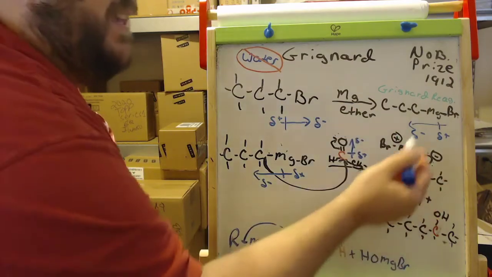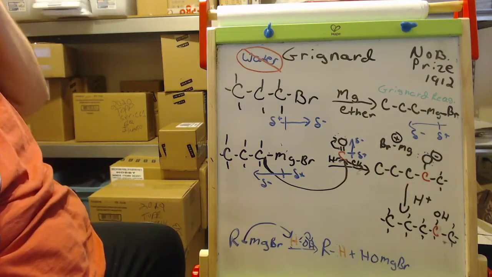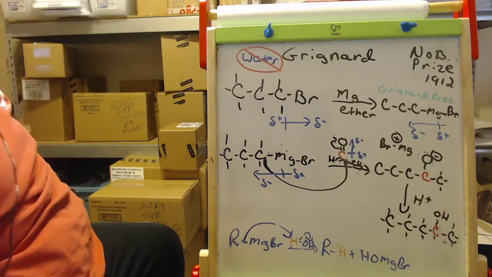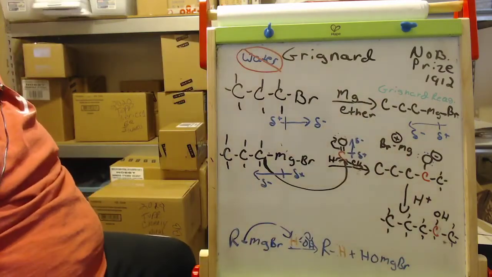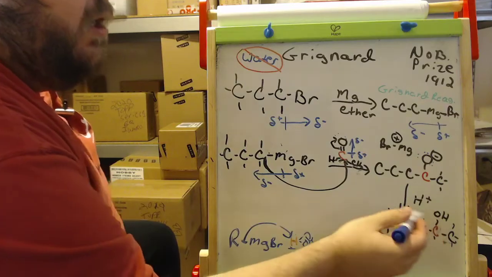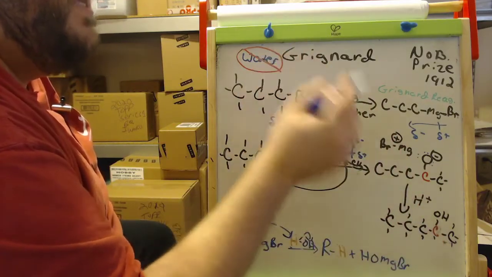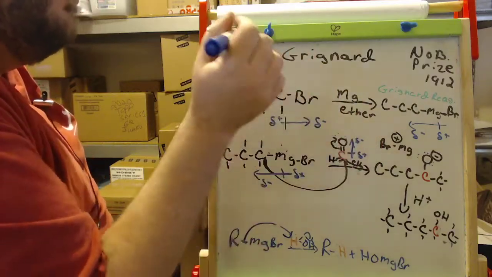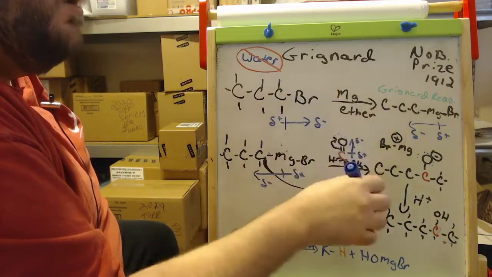Now we can't leave it like this. Okay? We can't leave it like this, so what we do is then treat it with an acid to protonate it and create an alcohol. Your product of a Grignard reaction, or a Grignard reagent with a carbonyl carbon, is always, always, always an alcohol.